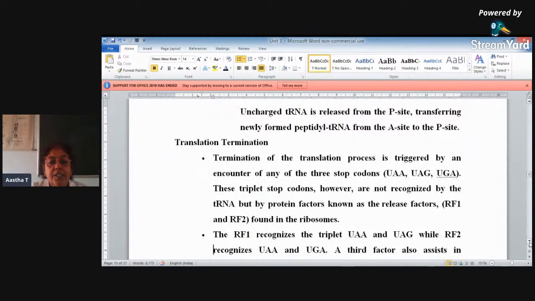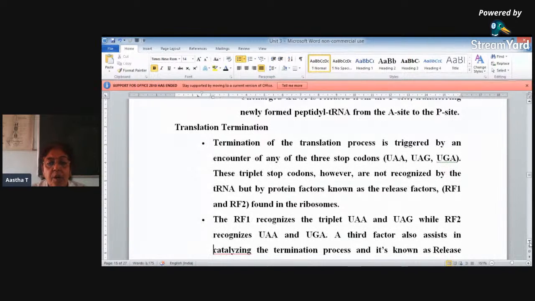Termination of translation takes place when stop codons are reached. Any of the stop codons, UAG, UGA, UAA, any of these nonsense codons, if they are reached, termination takes place. The triplet stop codons are not recognized by tRNA, but they are recognized by release factors RF1 and RF2, which are found in the ribosome.